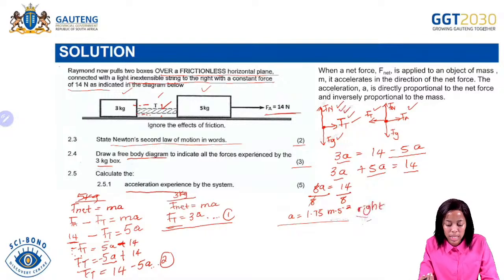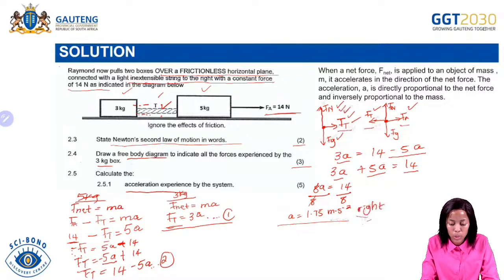Then we said we are only going to focus on the horizontal forces. For the 3 kilogram block, we only have one horizontal force, which is the tension. But for the 5 kilogram block, our horizontal forces are the tension and the applied force.